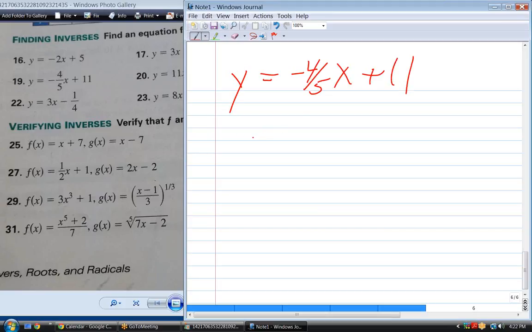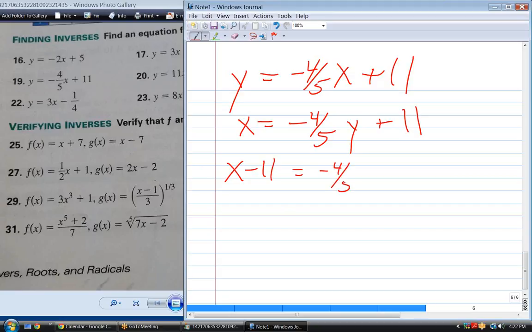Find the inverse. So x equals negative 4/5 y plus 11, and then x minus 11 equals negative 4/5 y.